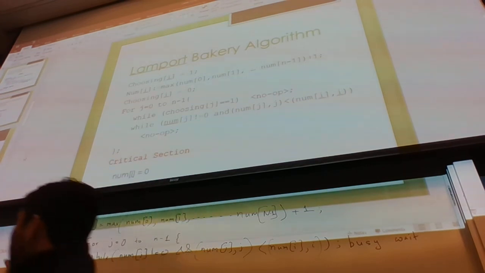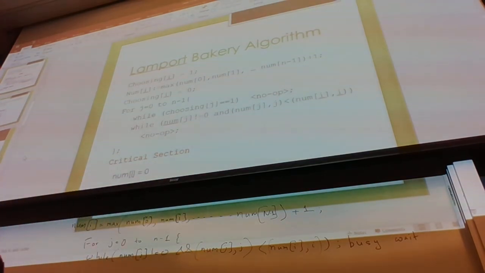So what is that doing? Before choosing a number, you set a flag. You say that I am choosing a number. And after you are done choosing a number, so after you are done executing that second line, then you reset the flag to 0, right? Now what do all other processes do?